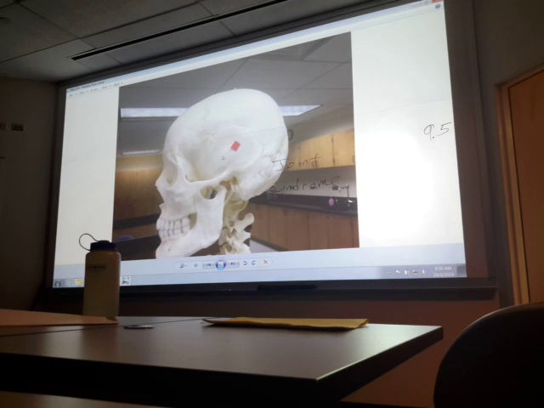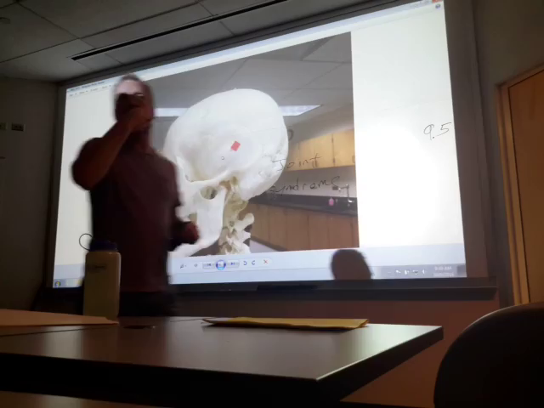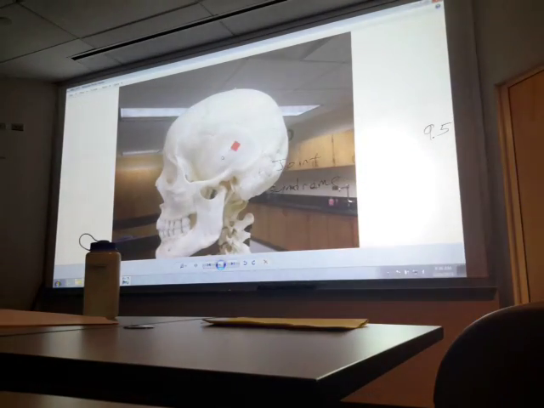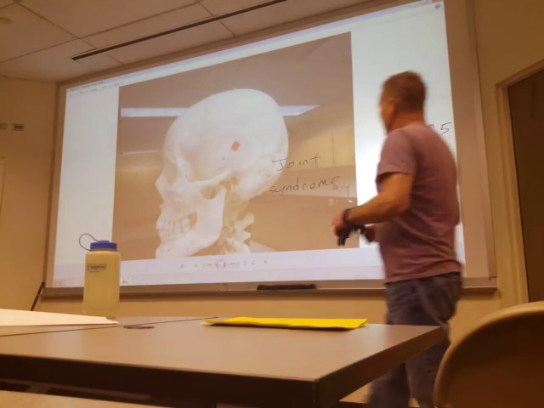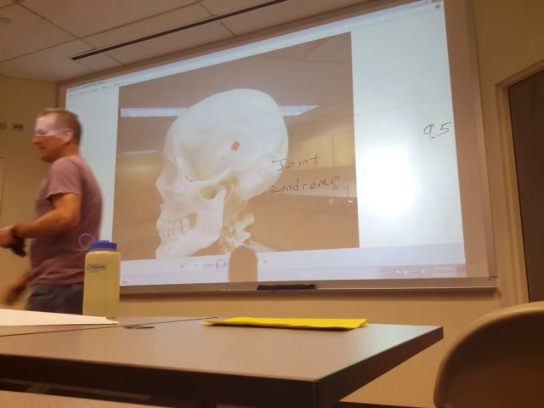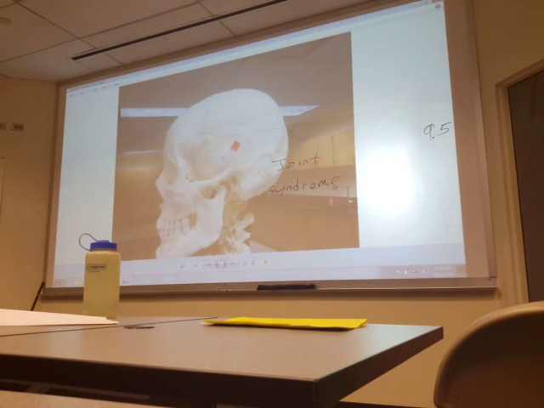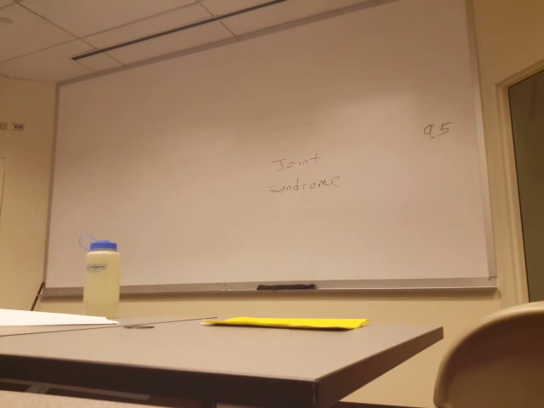You have the mandibular condyles of the mandible, which articulate with the mandibular fossa of the temporal bone. So you have a malalignment there affecting your opening and closing of your mouth. You can be born with TMJ syndrome, or you can develop TMJ syndrome.